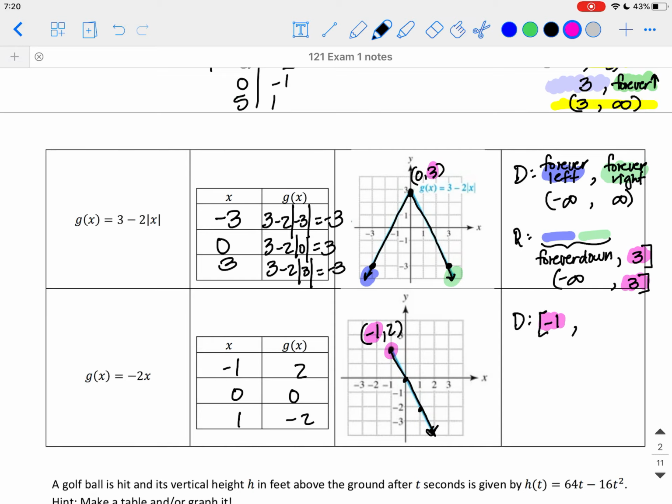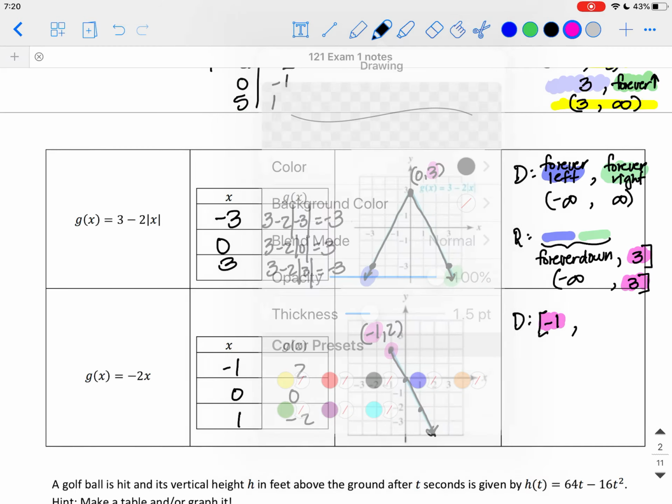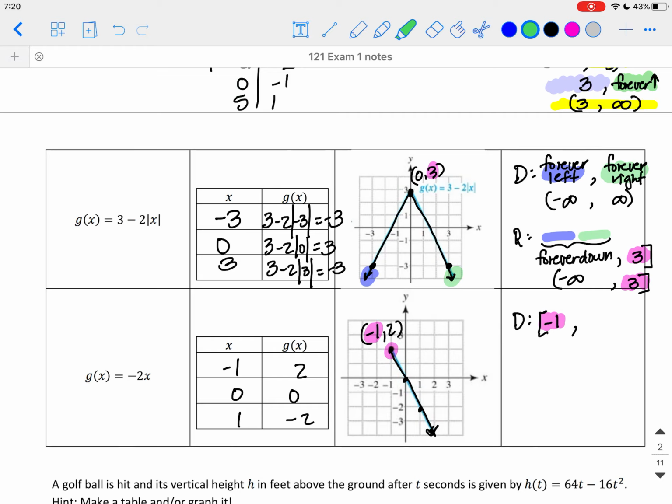And then our highest x value, this arrow tells me here that we're going forever to the right. Very slowly, our x values are getting bigger. So our answer for the domain is going to be negative 1, comma infinity.